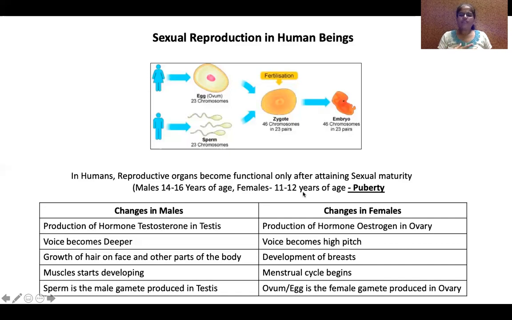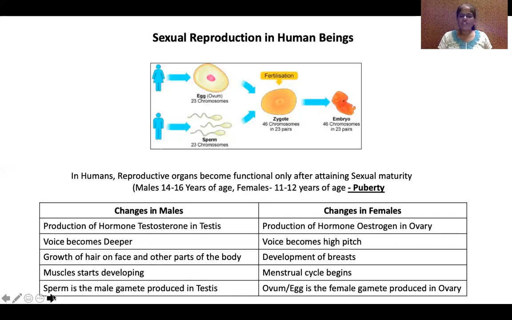To accept the menstrual cycle and the body changes, she needs another 5 to 6 years to become normal. Similarly, males also feel the same. They feel disturbed and won't feel comfortable talking to people during those changes. They accept the changes first and then become normal. Only then is it better to have sexual reproduction. So our government has made it mandatory that males be 21 years of age and females 18 years of age for marriage.